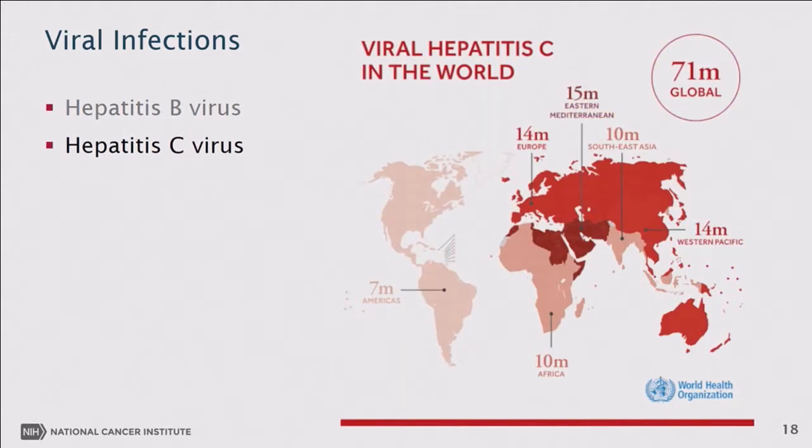Hepatitis C virus is another viral infection transmitted through the blood that causes inflammation of the liver. And again on the map, you can see some of the highest rates are in Asia and in Africa. And while on this map the US is in a very light color, indicating lower rates, I do want to point out that in certain sectors of the population, the rates of hepatitis are quite elevated.